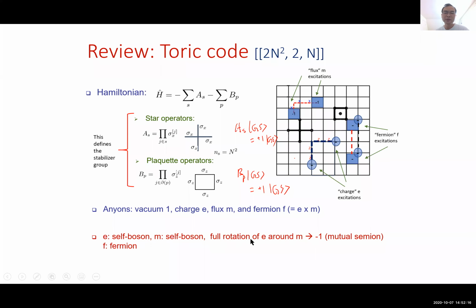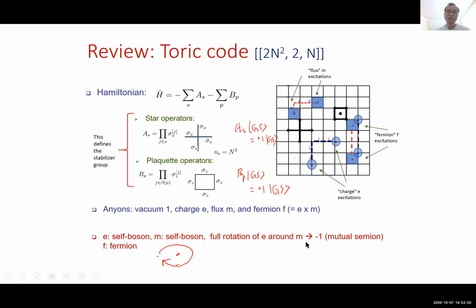But the fermion, if you exchange, you get a minus sign. Yeah, sorry, this part is for the following. If you loop E around M, you have a minus sign. So they are the so-called mutual semions, because when you loop around, you get a minus sign. If you take the square root of that, that's sort of half of a fermion. That's called a mutual semion. And for fermions, if you loop 2 fermions together, you cannot actually find a minus sign, because 2 exchanges give you a plus sign.